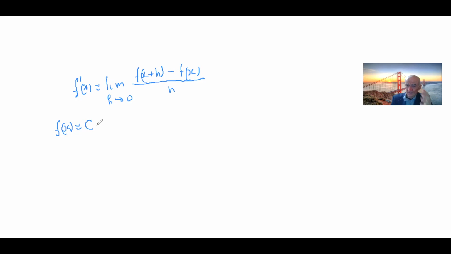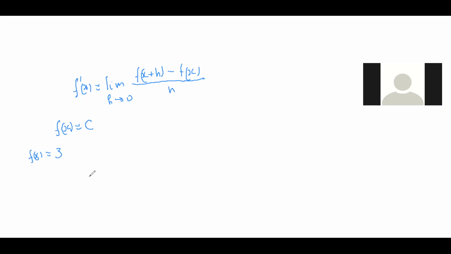Hopefully, you know what the graph of a constant function is. For example, f(x) equals 3. What is this graph? A line. What kind of line?